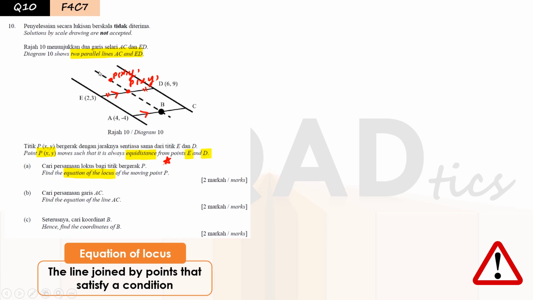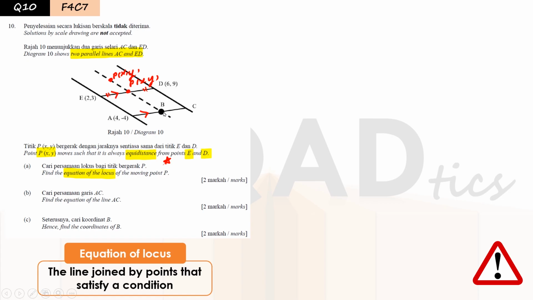So if we join these 2 points, as you can see, is actually this dotted line, right? Meaning any point of this line will satisfy this condition. And this line is actually our equation of locus. Okay, so now we need to find the equation of this line.